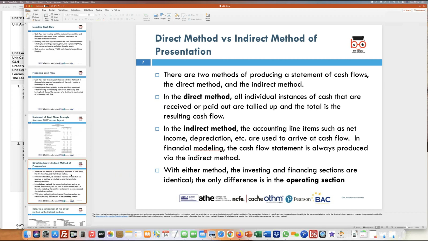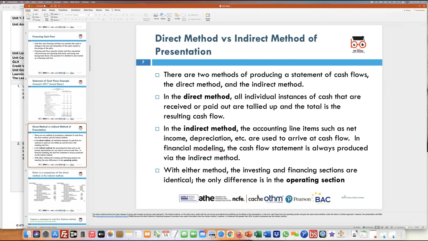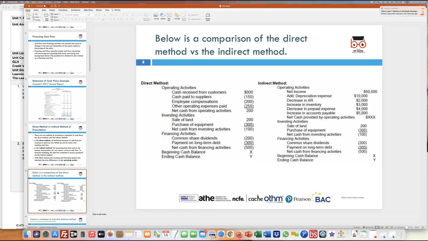That's why they would look at hiding some of these by not getting into the details, using the indirect method, wherein the operating section, which explains how the business is operating, where the money is coming from, and what activities are generating the income or the sales or the turnover, is allowed to be reflected as consolidated activities, and that's why the indirect method is more favored by companies.